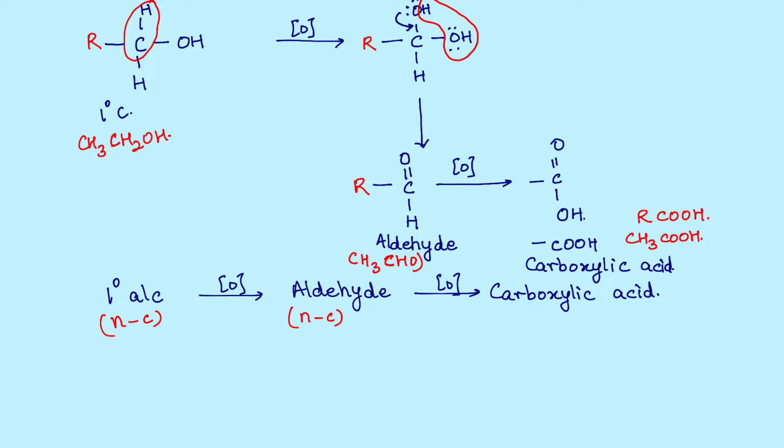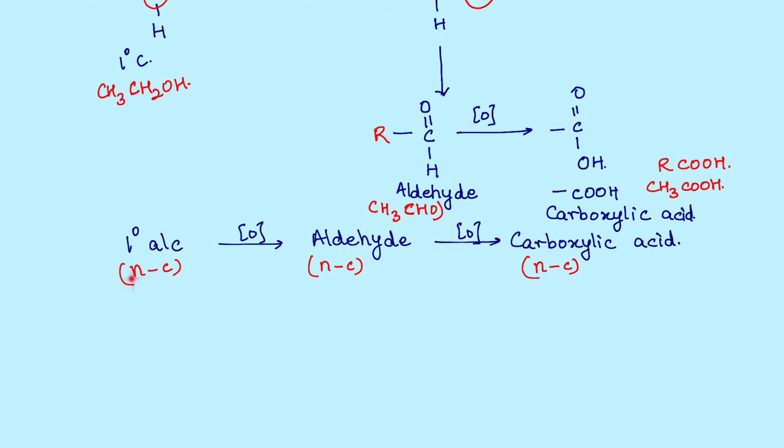So I've got n carbon atoms, and same way for the carboxylic acid, I get n carbon atoms. So oxidation of primary alcohols gives aldehydes containing the same number of carbon atoms, or carboxylic acids giving us the same number of carbon atoms.